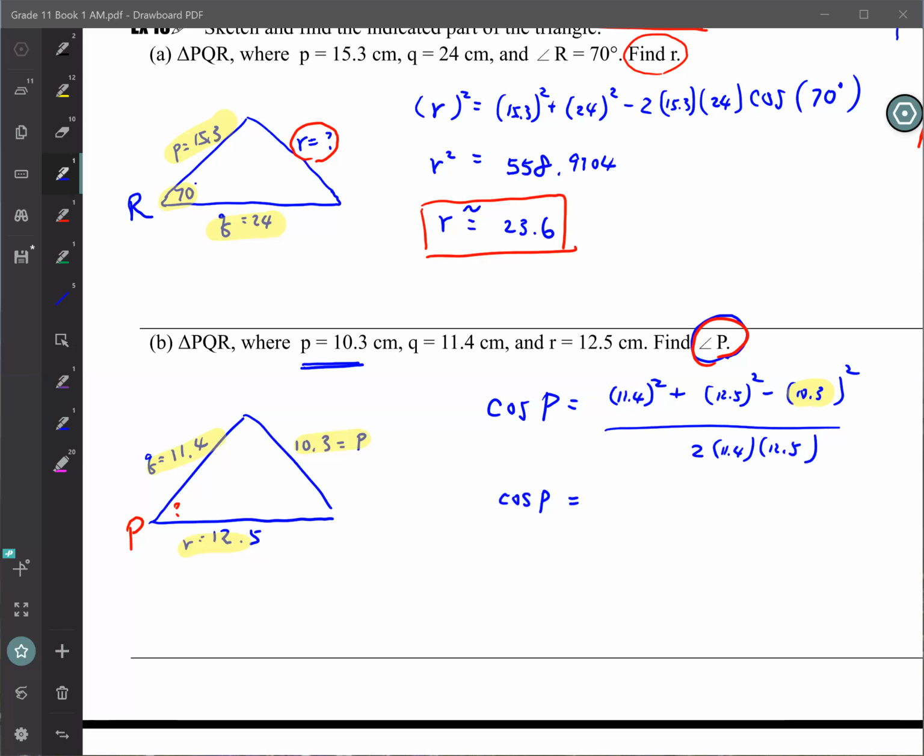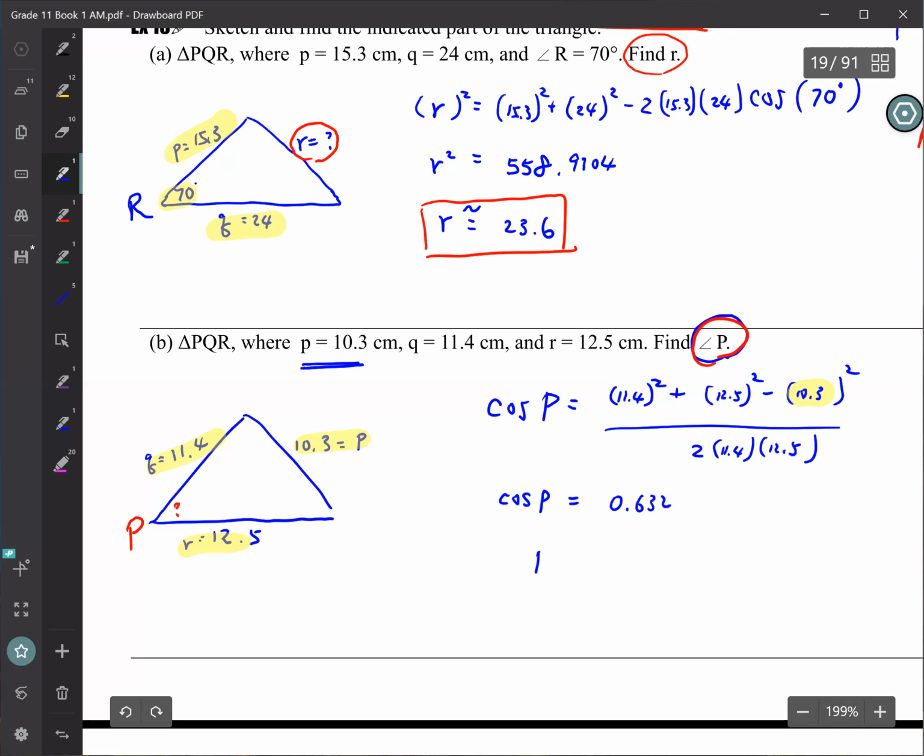Please keep 3 decimal places because it's not the final answer, okay? We don't want to do the rounding too early. So 0 point, Aaron, what do you have? 0.632. Yep, thank you.